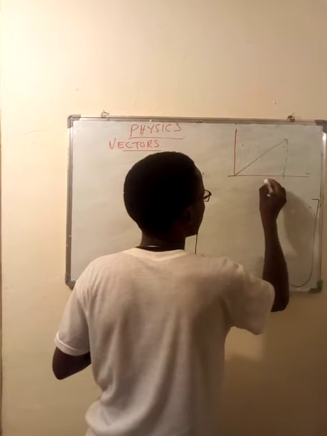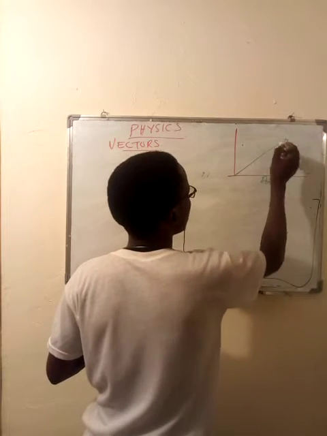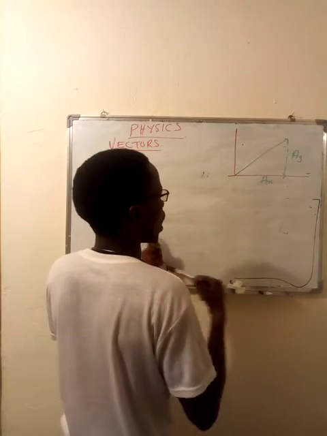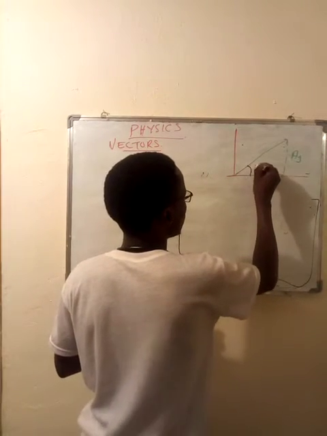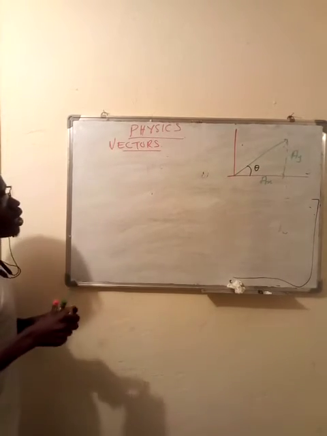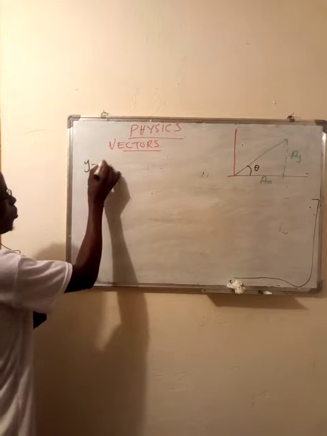So this was AX, and then we had AY right there, and then we had our angle right here. Now we want to look for the y component.